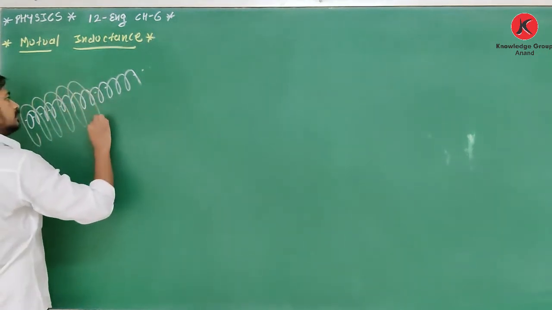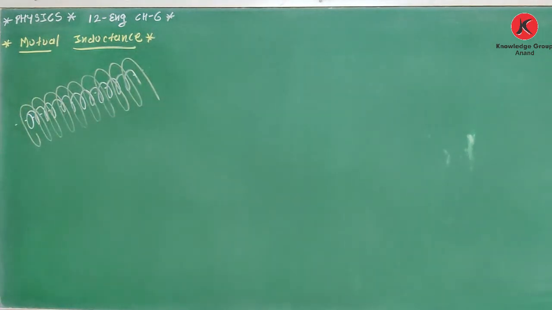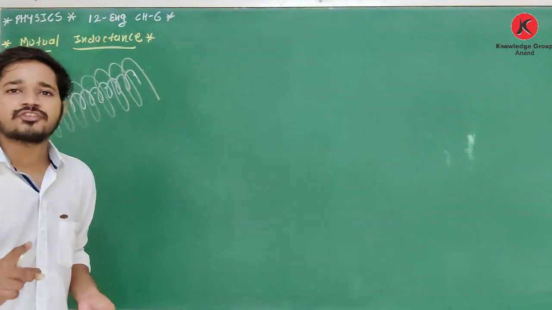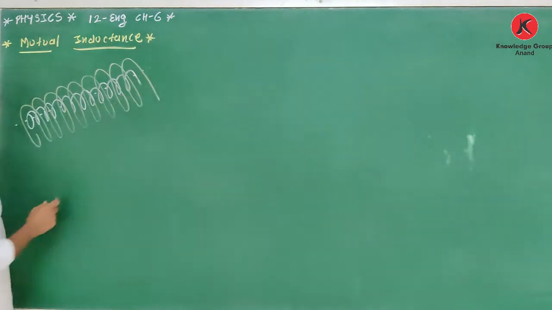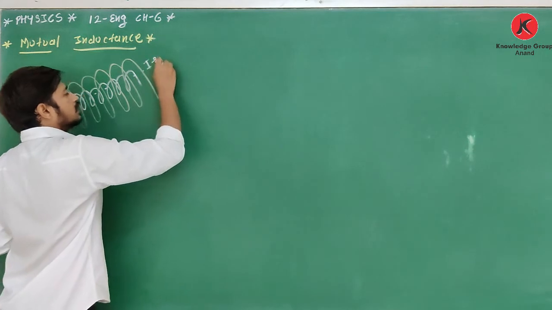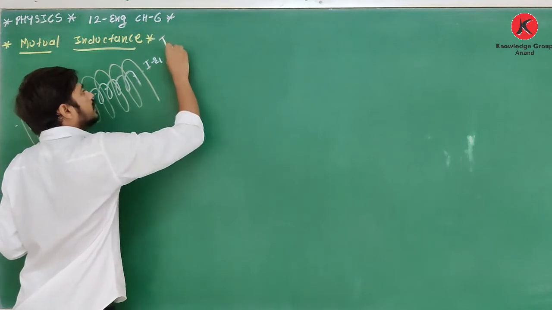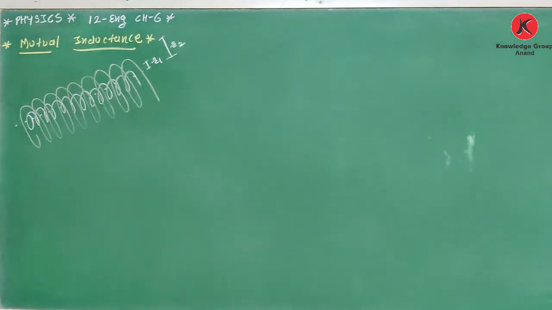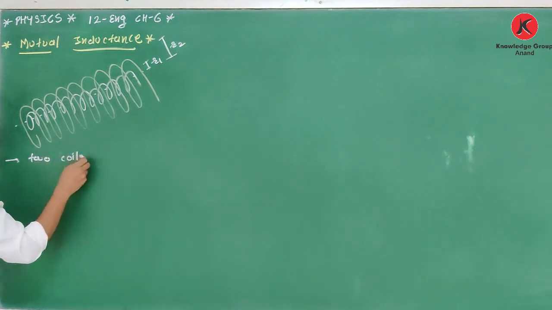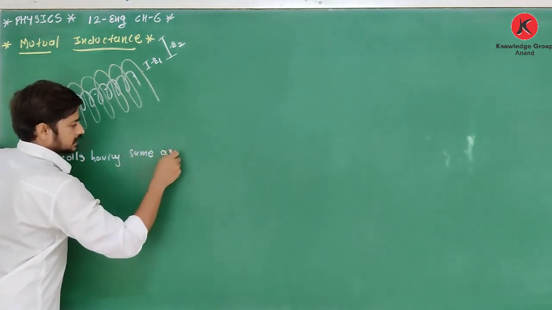So we can say we have two coils coaxially, because their axis is common. The radius of the small coil is R1 and the radius of the other coil is R2. Clear about this? So we have two coils having the same axis.